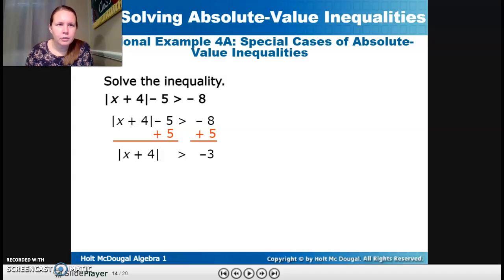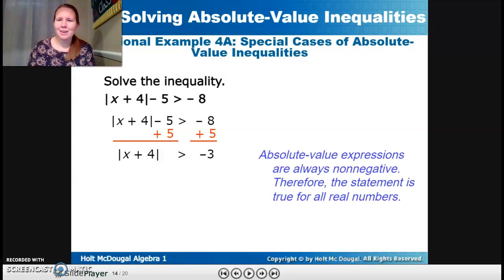Well, absolute values are always positive, so isn't the positive version always going to be greater than negative 3? Yes. Absolute value expressions are always non-negative, therefore the statement is true. It's always going to be bigger than negative 3 because it can't be negative. So in this case, we end up with all real numbers or infinitely many solutions.